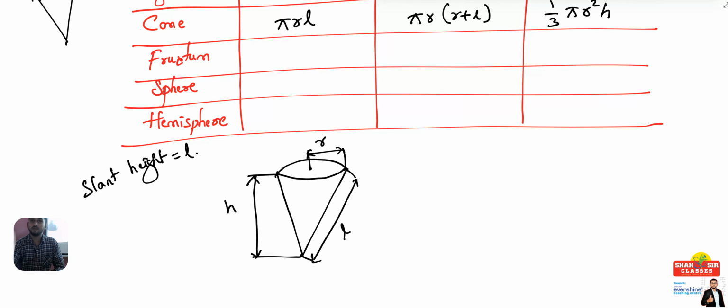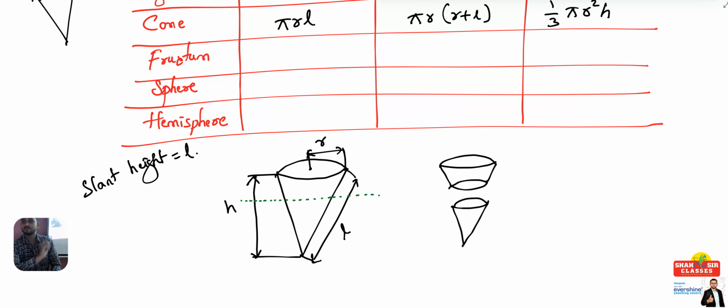Somewhere, with respect to some height, I am cutting this cone into two parts. Once we cut this cone into two parts, you can see that it splits into the top portion and the bottom portion of our cone.